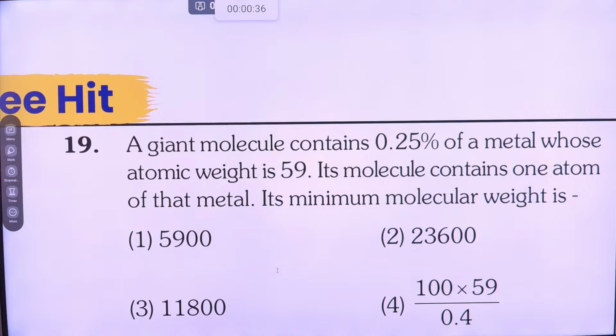Try to find out the answer, guys. 15, 14, 13, 12, 11, 10, 9, 8, 7, 6, 5, 4, 3, 2, 1, 0.